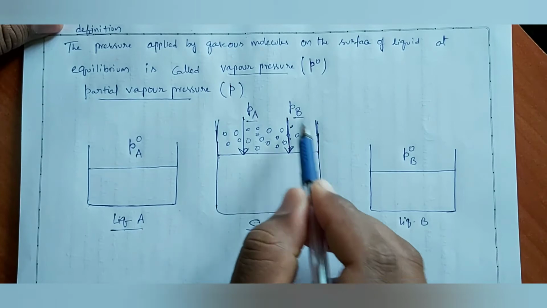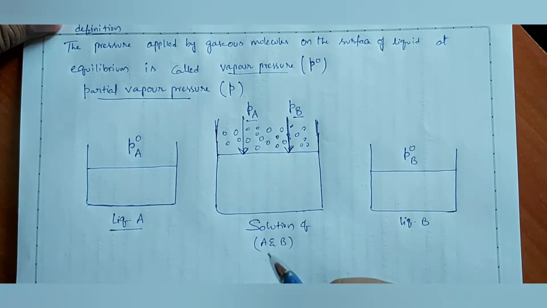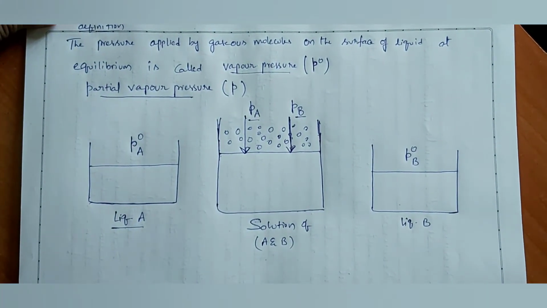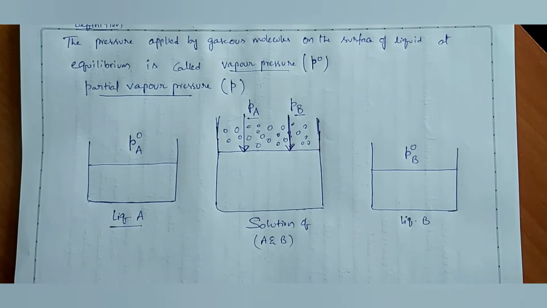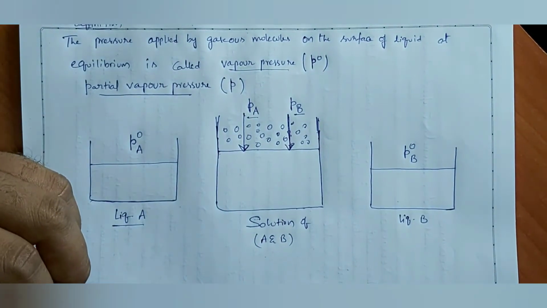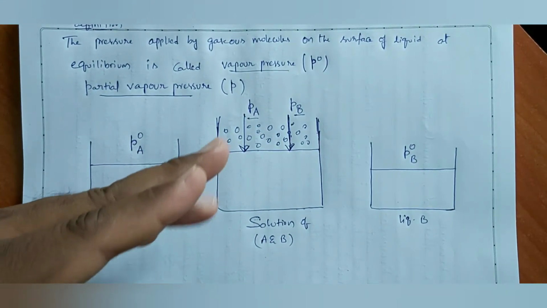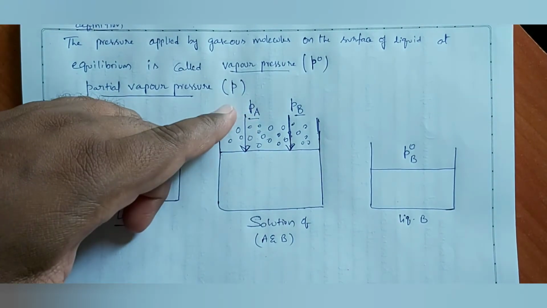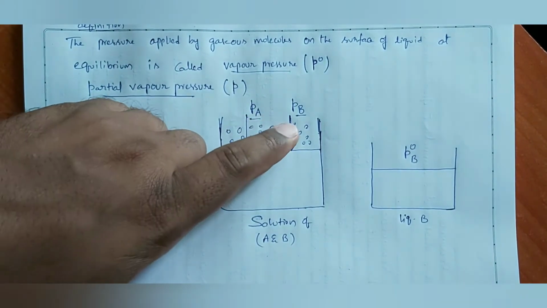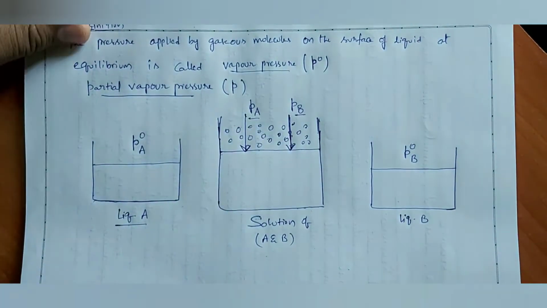It is because of A molecules as well as B molecules, meaning it is not completely because of A or completely because of B. Some pressure is because of A, that is called partial vapor pressure of A. Some pressure is because of B, that is called partial vapor pressure of B.